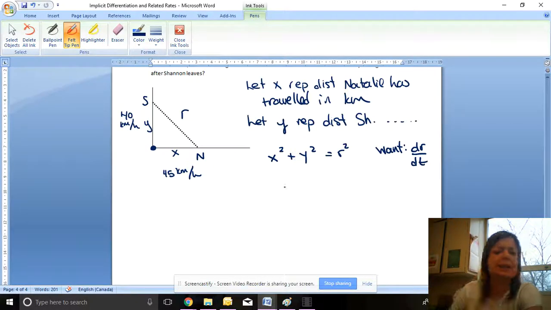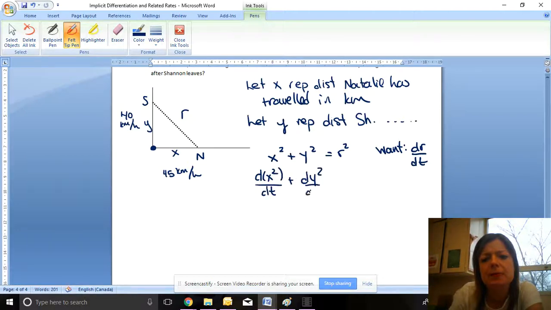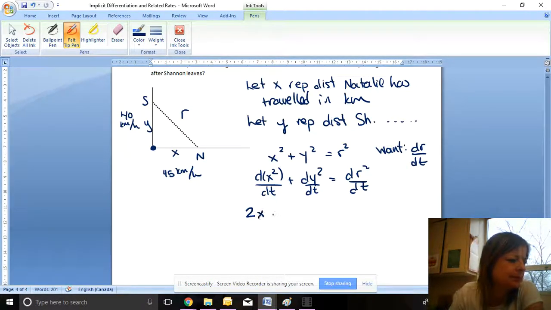So let's take the derivative of all of this with respect to t. Just see what happens. None of these are variables involving t, so we think about this as the chain rule. We bring down the 2x, and then we have dx/dt.